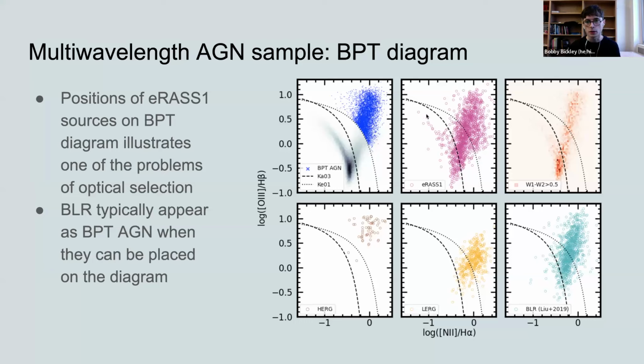This is a result that a colleague of mine, Chris Agostino, who recently finished his PhD at Indiana University, pointed out in a paper of his, showing that the BPT diagram, because of the selection criteria requiring the presence of an observable narrow line region, can't pick up on everything that actually has an accreting supermassive black hole. This could be because of dust obscuration. It could also be just because of a relatively weak or underluminous narrow line region.